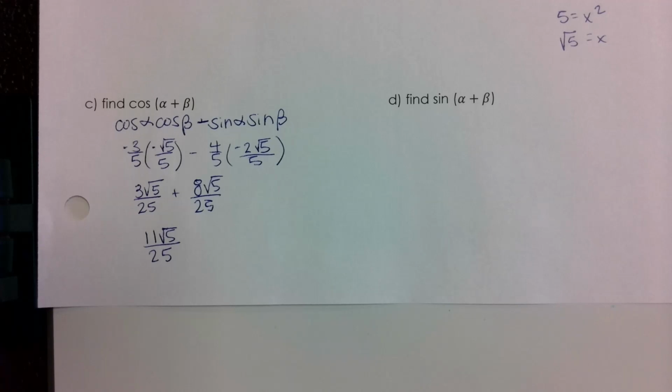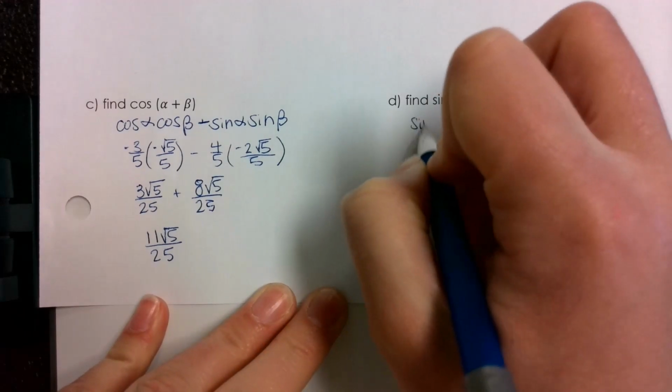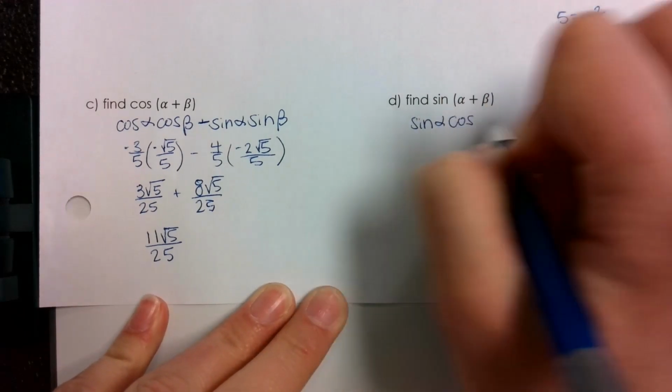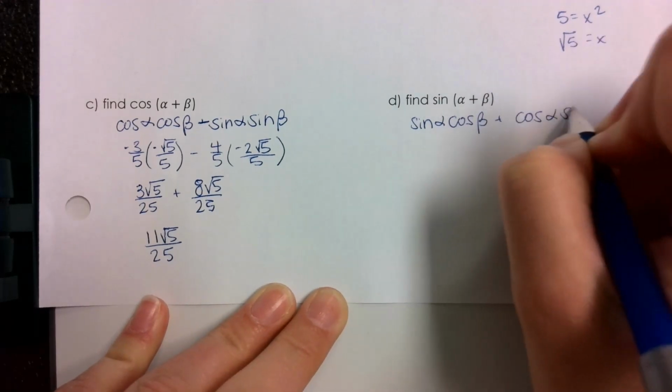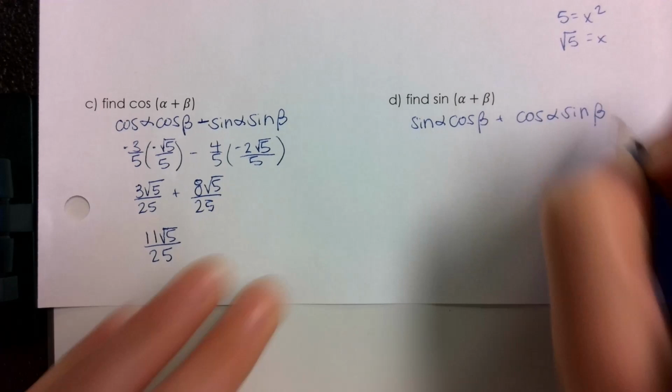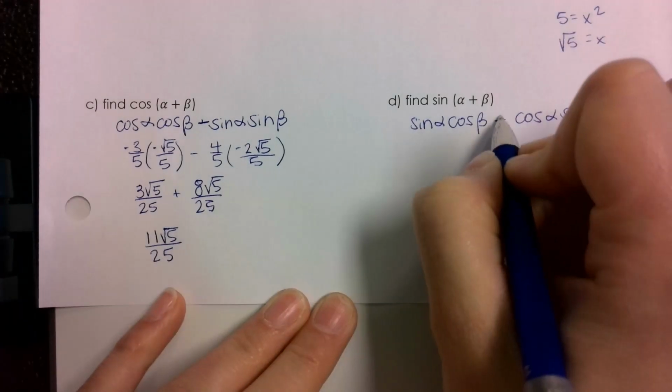All right. So looking at the next part, we're doing sine of A plus B. So again, I'm just going to copy the formula from the top of the page down here so that we've got it right where we're working. So we'll do sine of alpha and cosine of beta plus cosine of alpha, sine of beta. All right, what was sine of alpha?